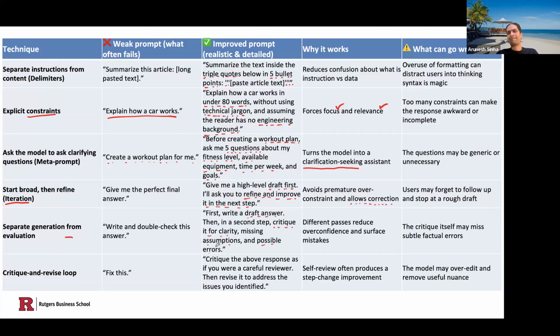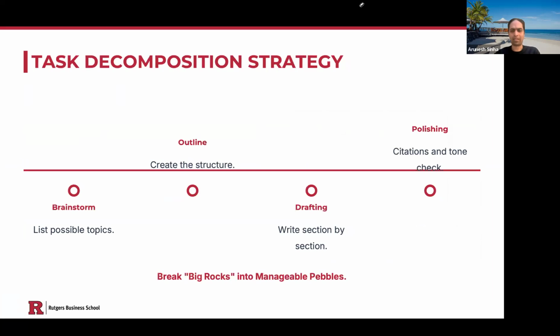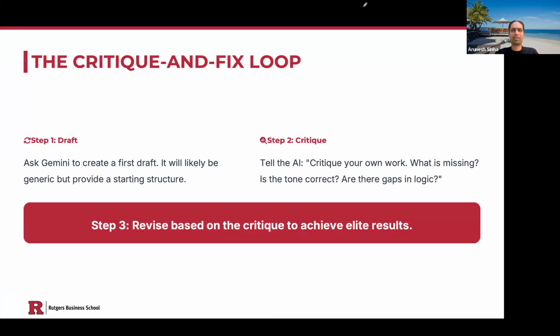This loop of generate, then critique, and then improve is commonly used when using prompts. I think I have a separate slide for this also. So this is the critique and fix loop.